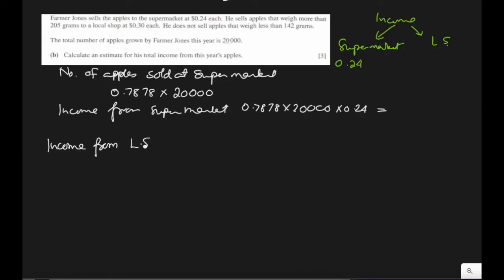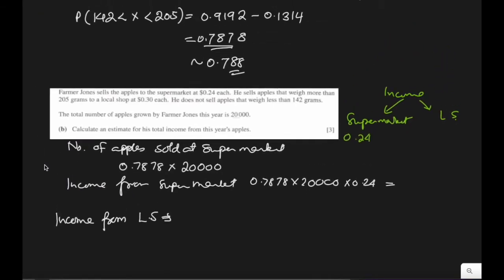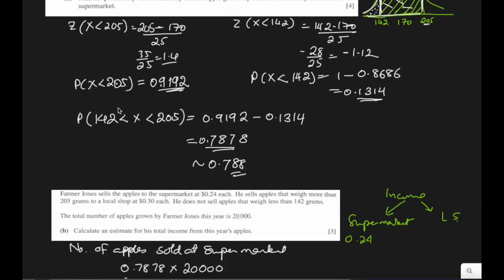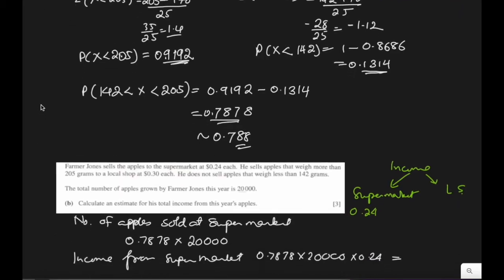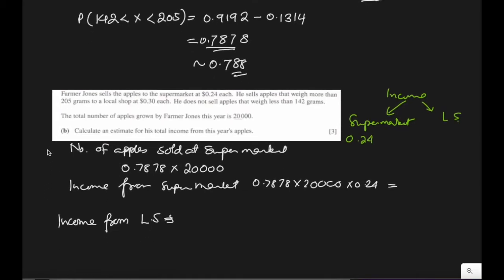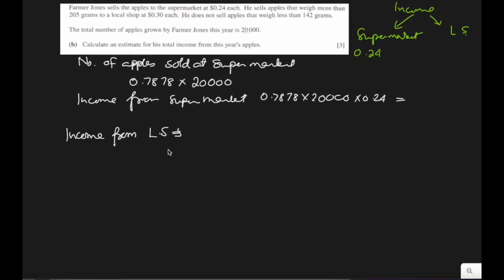So if you go to the previous question, we already know how many were less than 205: 0.9192. This proportion of apples were less than 205, but we want more than 205 for this, right? So the probability that x is more than 205 will be 0.9192 subtracted from 1.